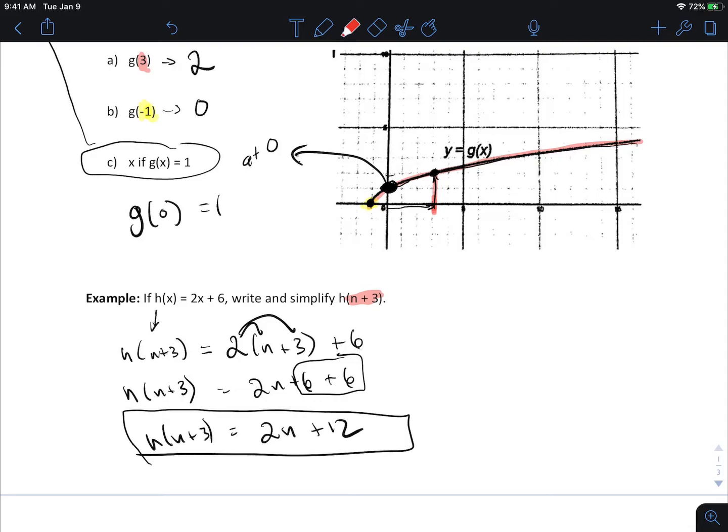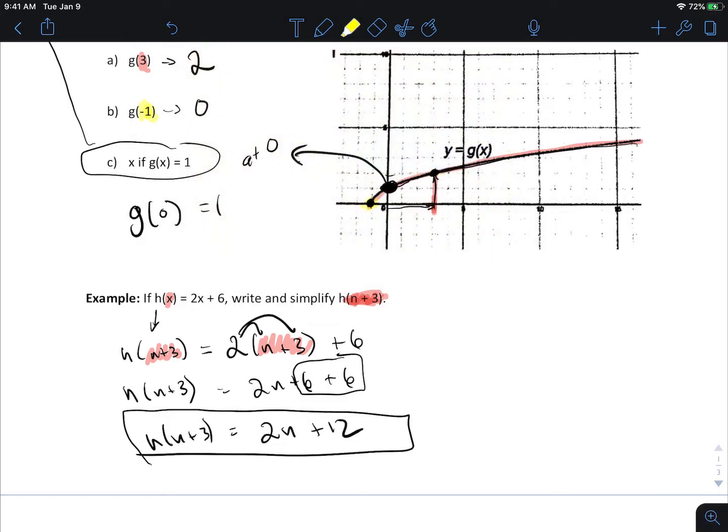Is everybody okay with this notion here? If I take the n plus 3 and I replace it in the equation, that's all that's happened. So you can see how I replaced the x with the n plus 3, right? So there's n plus 3, and there's where the x was. I just replaced it with n plus 3.